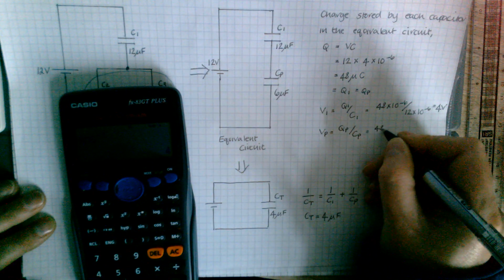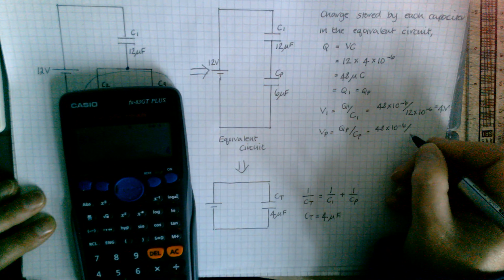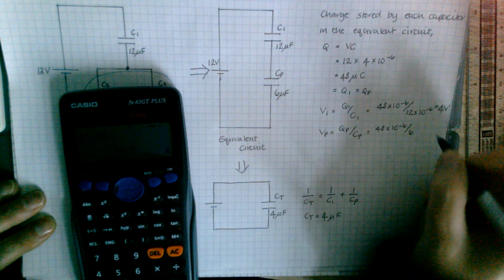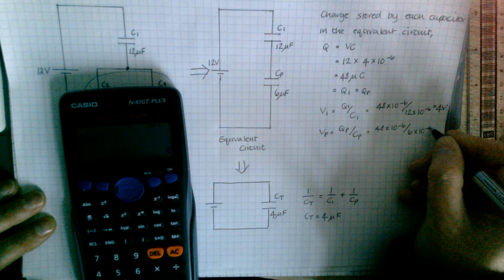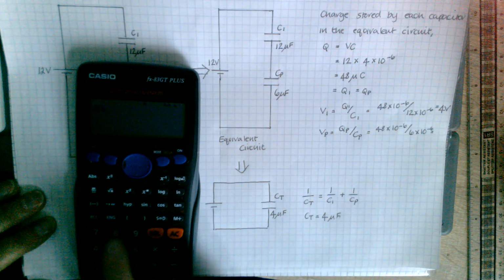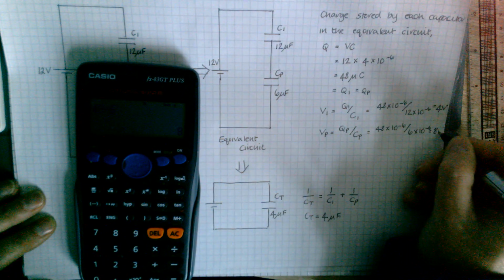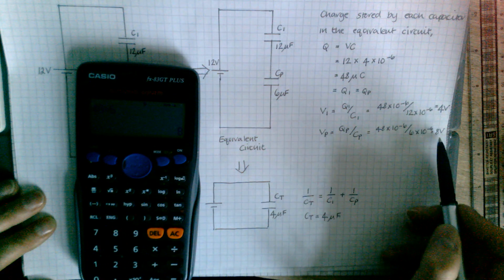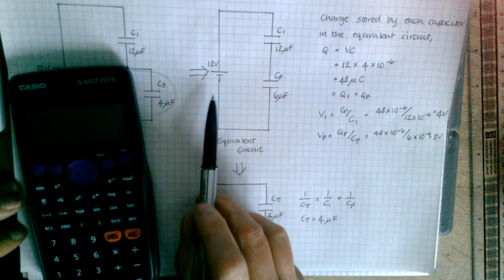So 48 again, but divided by 6 this time for the value of Cp. And that gets you 8 volts. And that makes sense because 4 and 8 add up to give you 12, and 12 is the supply.